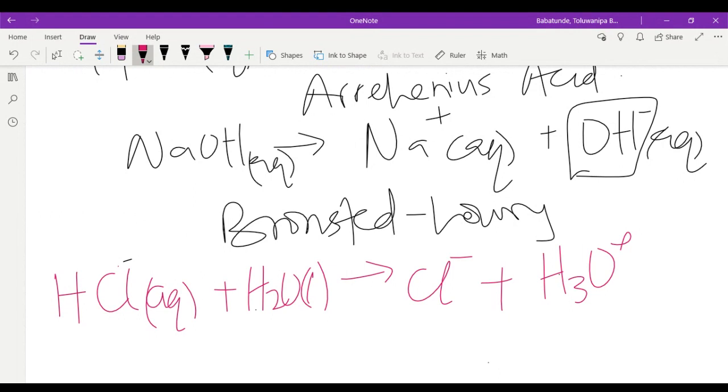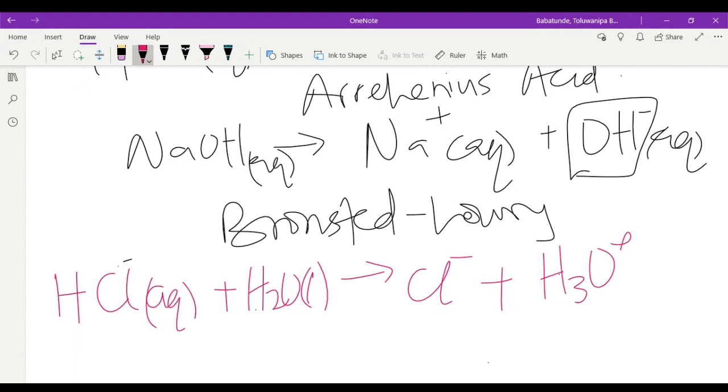So when HCl dissociates in water, the HCl is an acid because the HCl transfers a hydrogen ion to a water molecule. And water in this case is acting as a base because it is accepting the hydrogen ion.